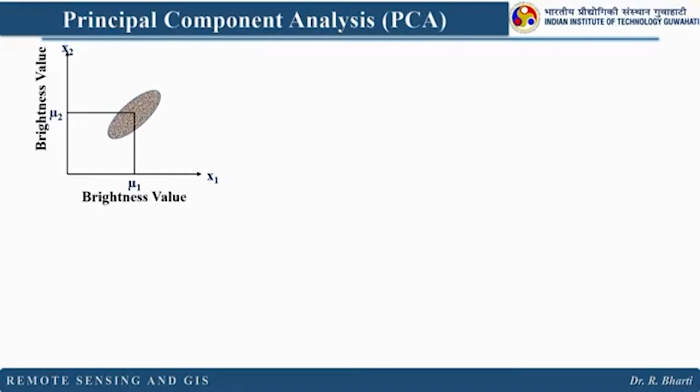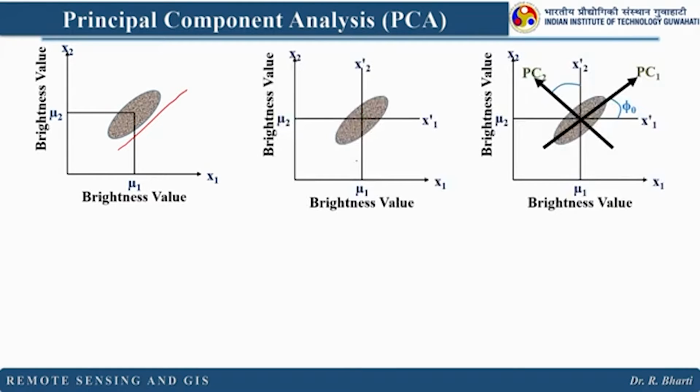You remember this is your band 1 versus band 2, and this is the correlation plot. Next we shifted our origin from here to here, and then we rotate with some angle so that our data will be uncorrelated. So what we are doing here is decorrelating, or identifying the unique information from the inputs.